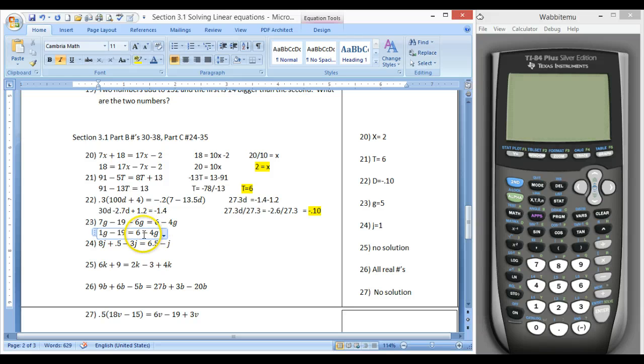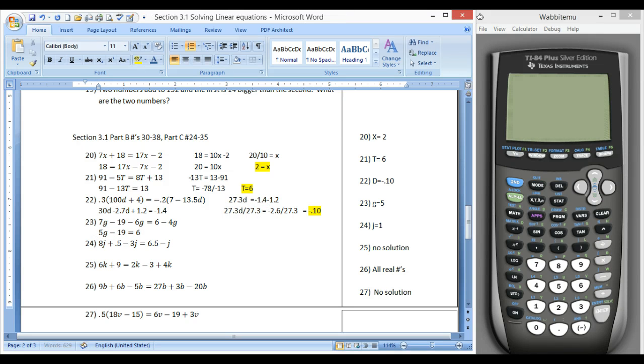But I still want to combine this term with the g, which is minus 4g. So I want to get rid of that by doing the opposite, which is adding 4g. If I were to do negative 4g plus 4g, it cancels out on the right. But I have to do it on the left as well to keep my equation balanced. And I'll be left with 1g plus 4g, which gives me 5g.